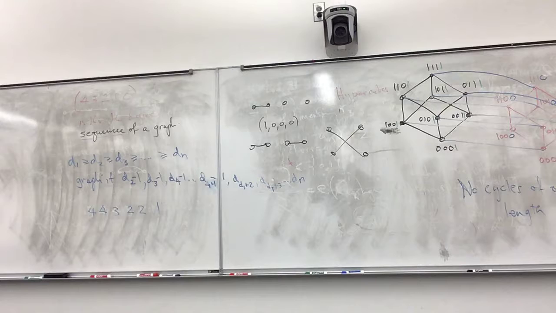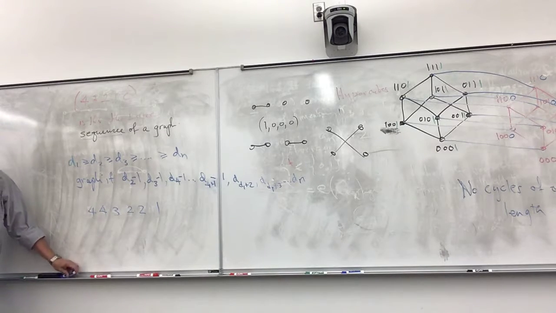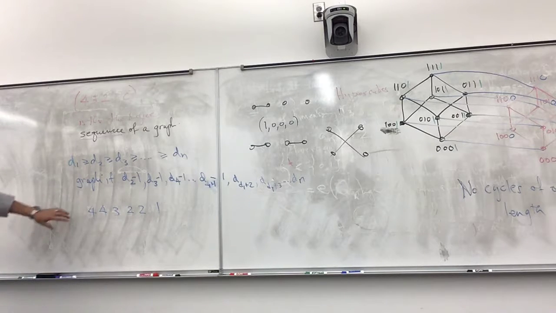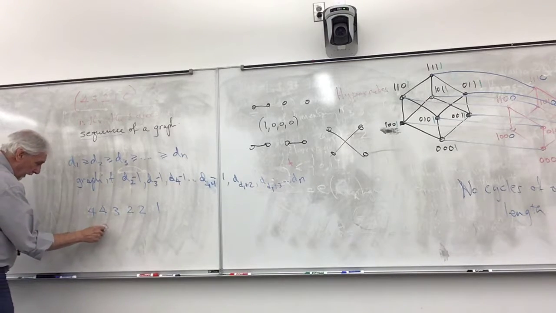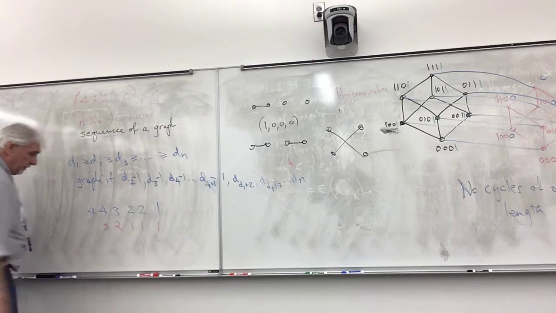The question is, is this a graphic sequence? Is there a graph that has exactly these degrees? Now I'm going to remove the 4 and reduce the next 4. So this becomes 3, this becomes 2, this becomes 1, this becomes 1, and this becomes 1.